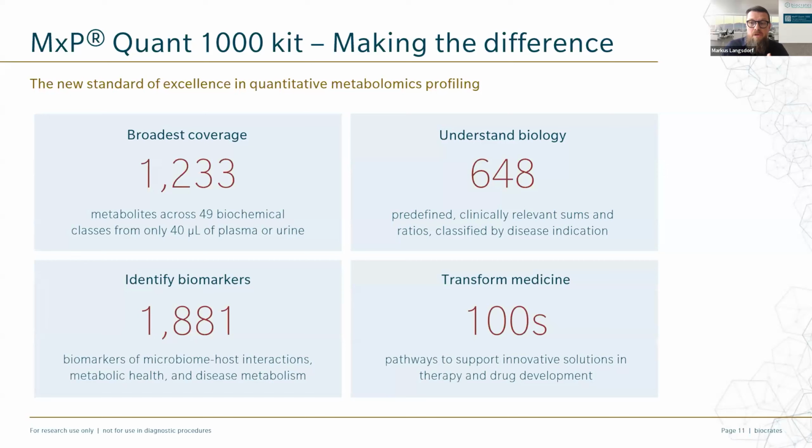And this enables a holistic view of metabolic health and disease and empowers researchers to explore hundreds of metabolic pathways. So whether you're working on biomarker discovery, disease research, or fundamental metabolism research, the kit ensures you get the most reliable and actionable metabolomics data available today. That's the difference we bring to research.